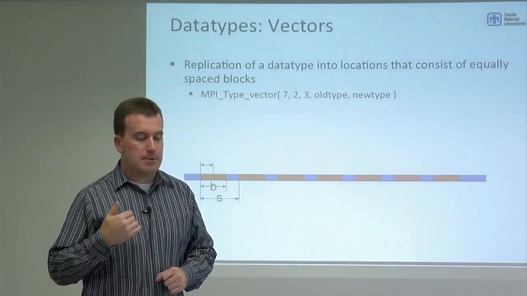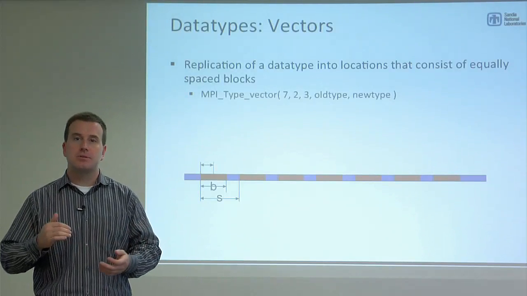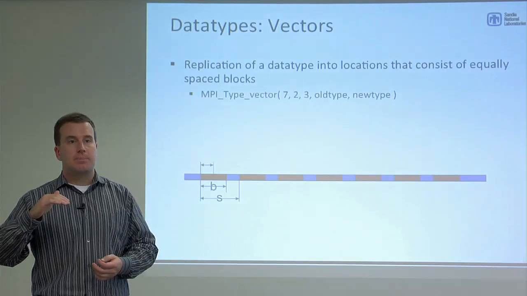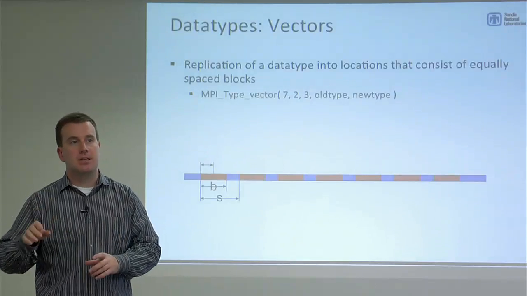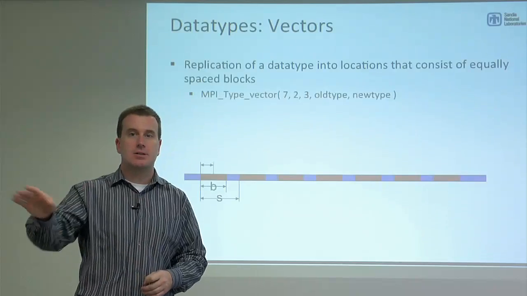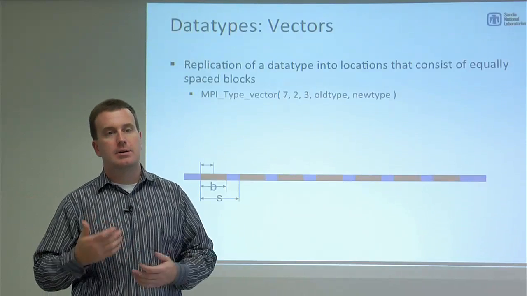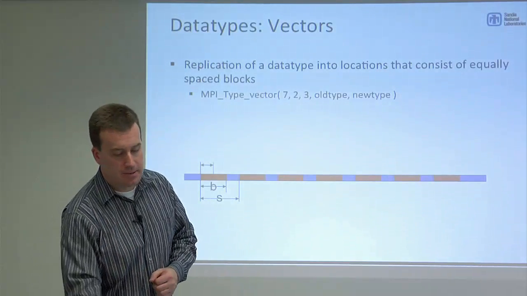And so with that, you can have data types that describe the memory. So instead of having to pack all of the bytes out of the face into a nice buffer and sending that, you can say, I want to send this face data type, and here's the start of that face. And get a theoretically much more efficient way of sending messages.